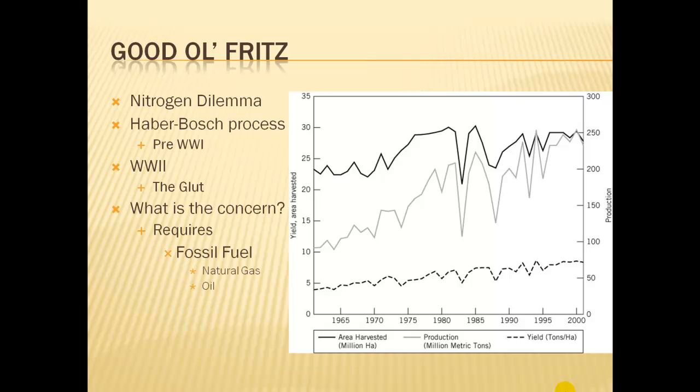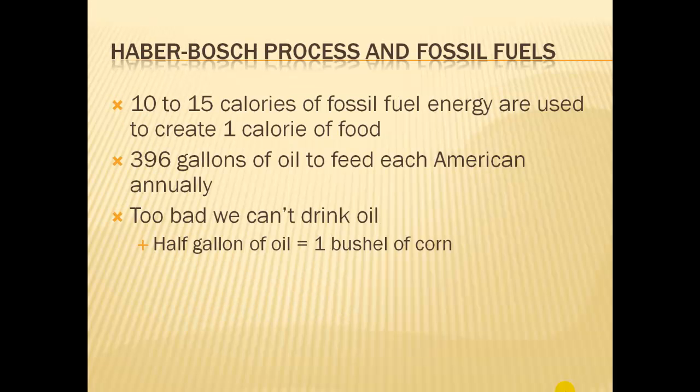This fertilizer can run off into rivers, as we're going to see, creating implications, but you have to remember that what this stuff is being made from is a non-renewable resource, and the cost of oil has gone up significantly, which means the cost of these fertilizers is going to go up significantly.